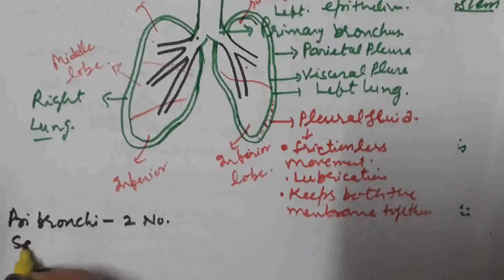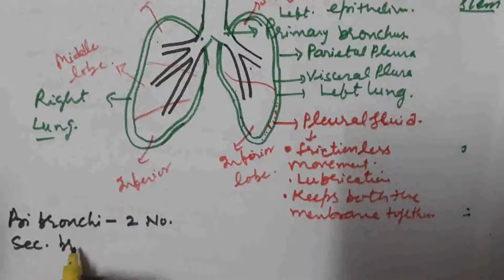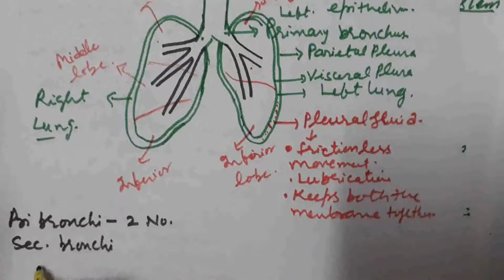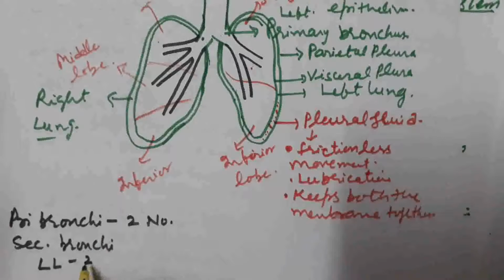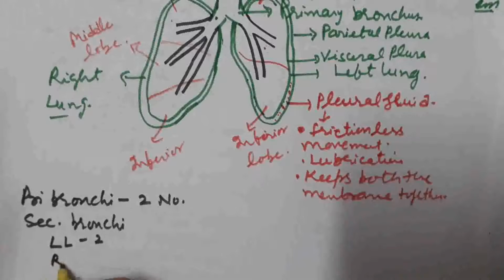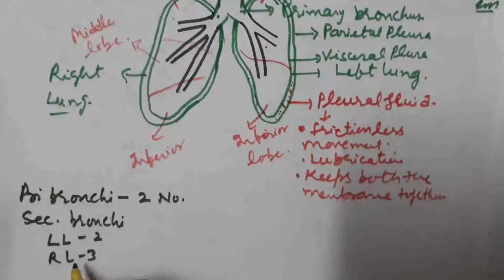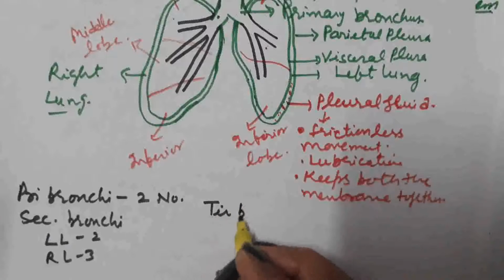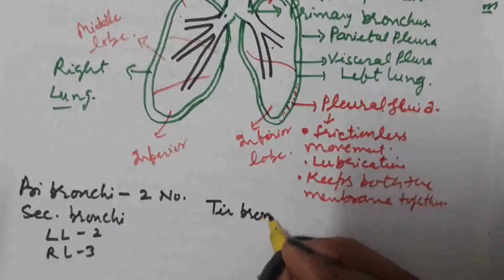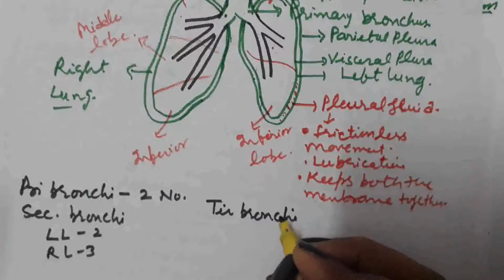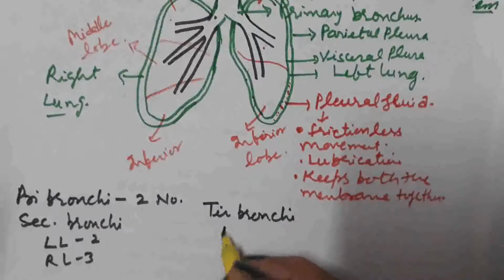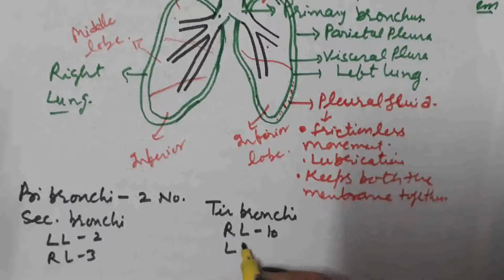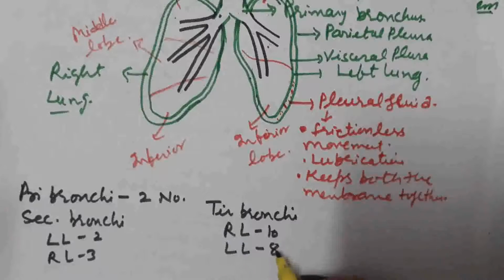Secondary bronchus or bronchi, in left lung they are 2 and in right lung they are 3 in number. Tertiary bronchi, in right lung they are 10 in number and in left lung they are 8 in number.